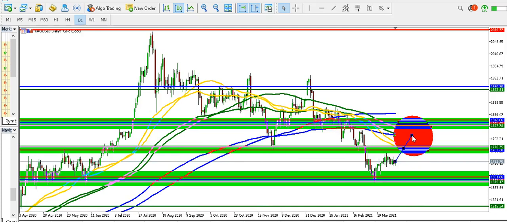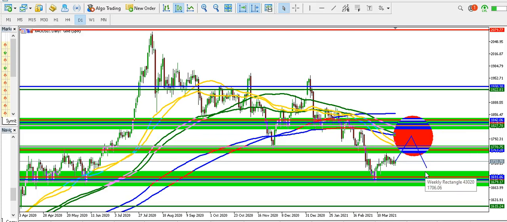Okay, price should do something like this, and then we should expect price to form something like this, get to this point and retrace or reverse.